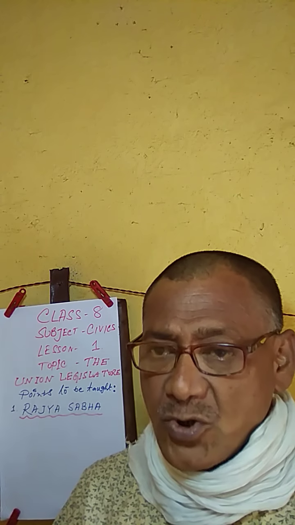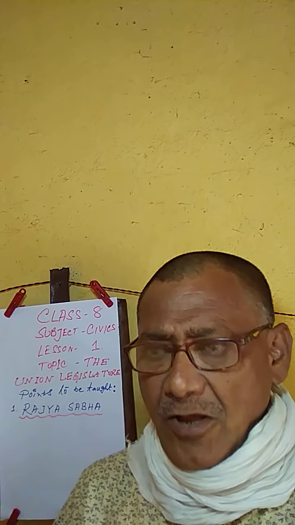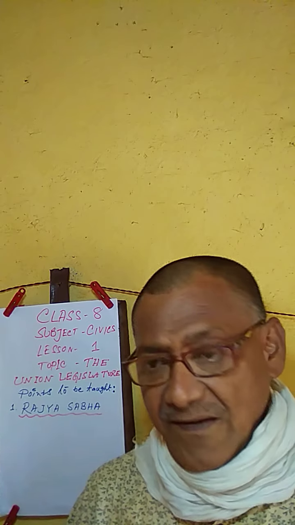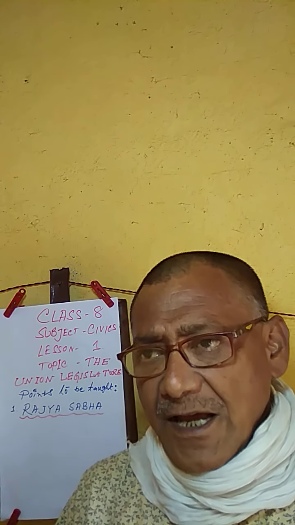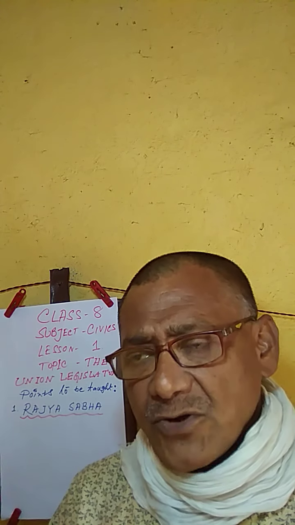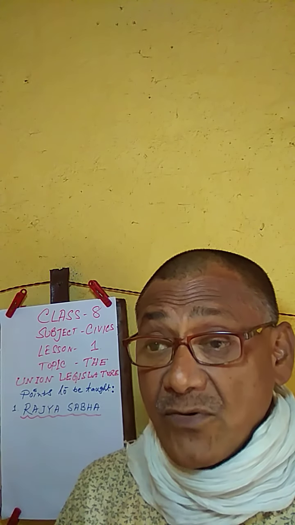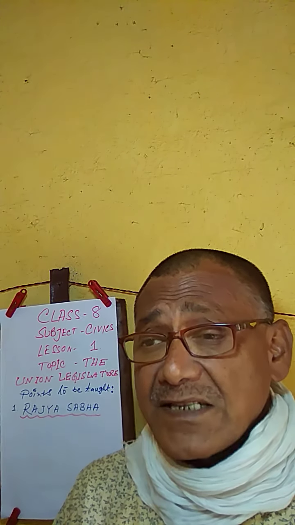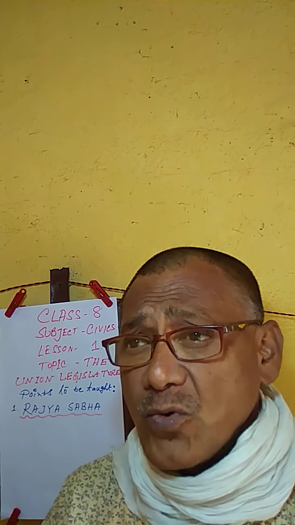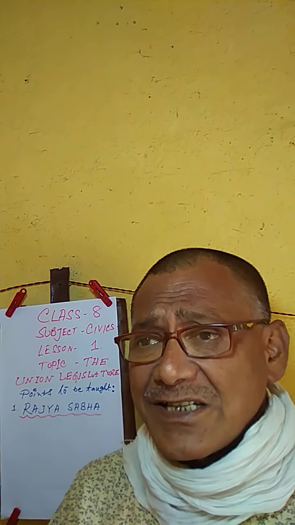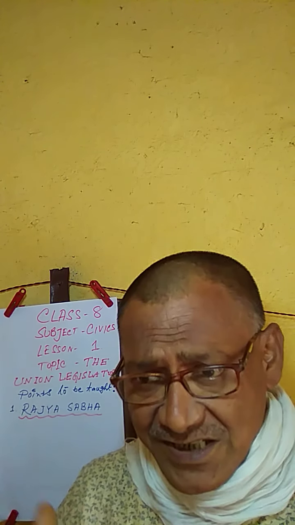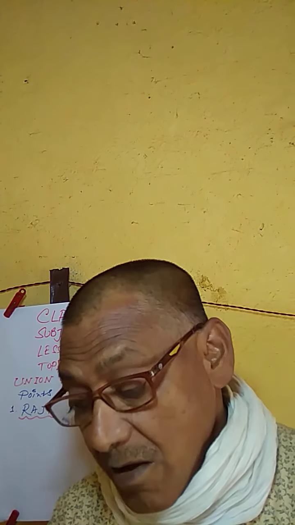The quorum of Rajya Sabha is 1/10 of the total members of the House. The House has 250 members, so a minimum of 25 members are required to be present to conduct or take part in the debates and discussions of the House. This system is known as quorum.